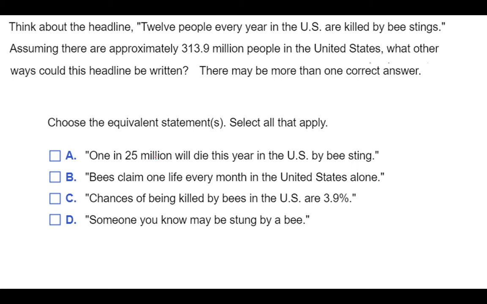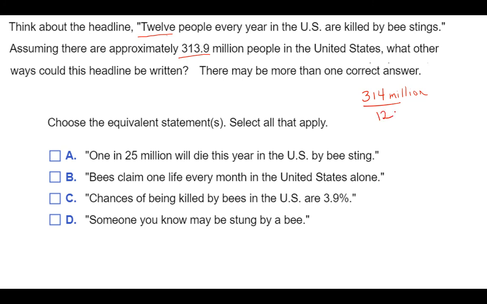Okay, let's look at A. 1 in 25 million will die this year in the U.S. by bee sting. Well, we need to think about this. We know that's 12 people. Is that 1 in 25 million approximately? Let's see. 314 million divided by 12.